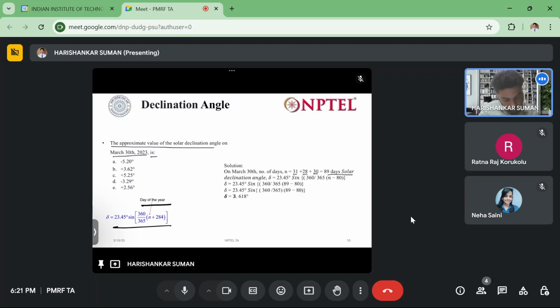Put this number 89 here, or you can use the other similar formula with n minus 80. It gives the same result. So delta will be 3.618. Use this formula and you can easily calculate it.